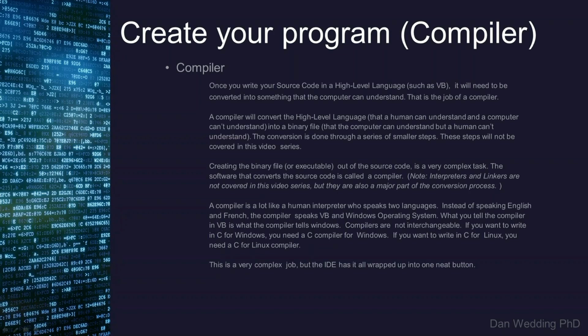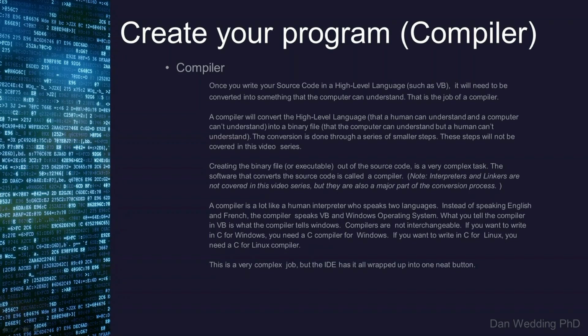The conversion is done through a series of smaller steps. These steps will not be covered in this video series. Creating the binary file, or executable, out of the source code is a very complex task. The software that converts the source code is called a compiler.